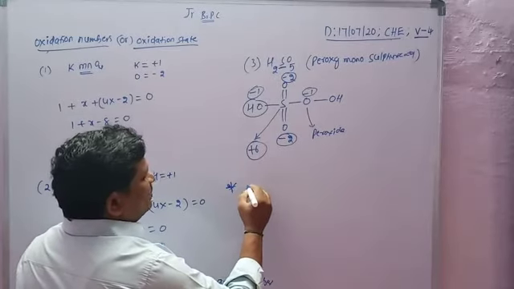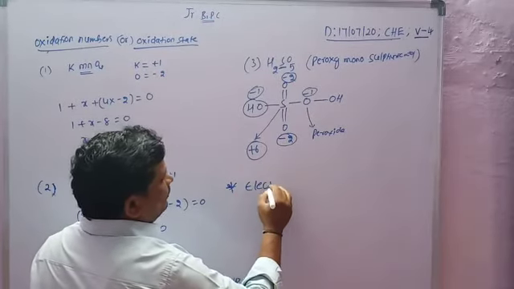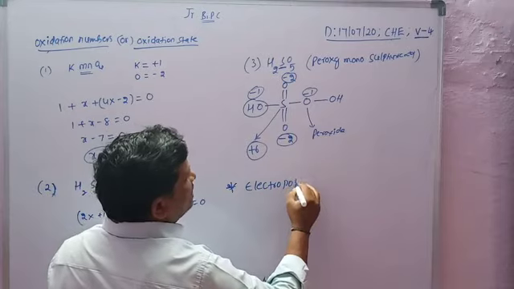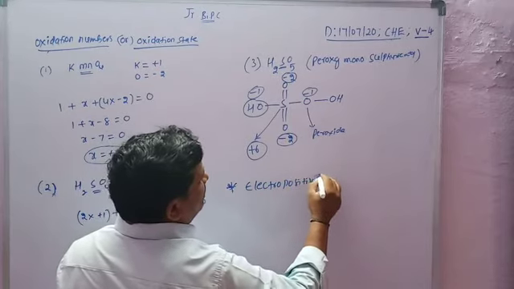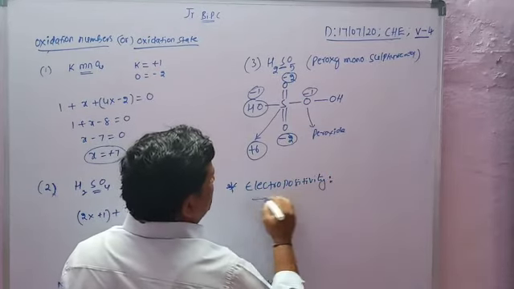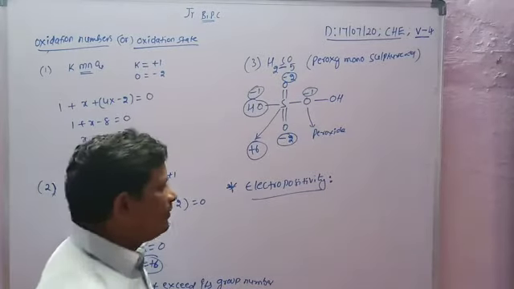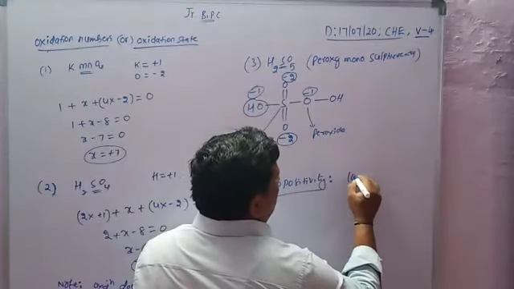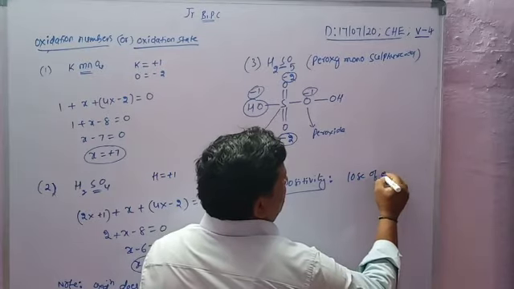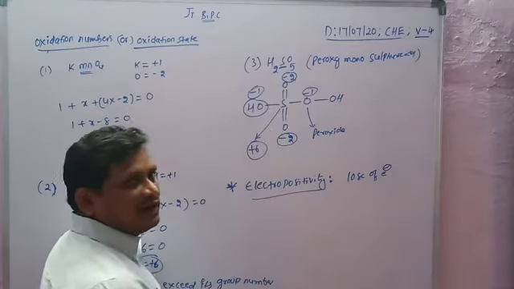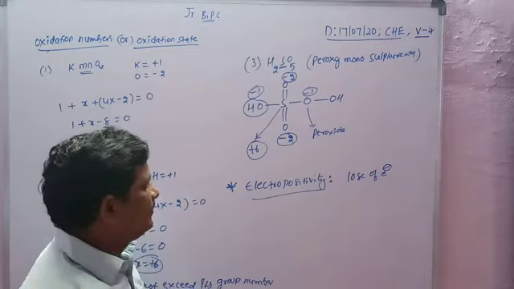The next concept is electropositivity. What is electropositivity? The tendency of an element to lose electrons is called electropositivity.